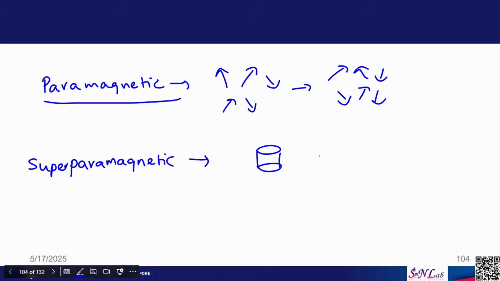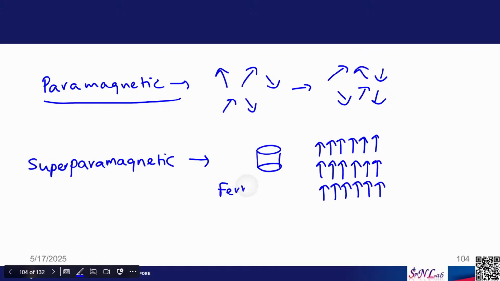Inside this cylinder you have many spins, right. It is a ferromagnetic material, the neighboring spins are parallel to each other, but this particle is too small.